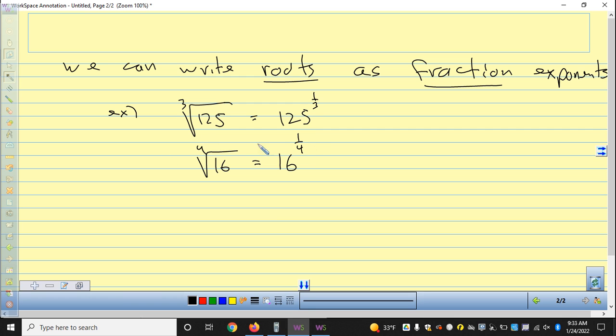The root is a fraction as an exponent. The third root of 343 we can write as 343 to the 1/3 power. And the fourth root of 256 we can write as 256 to the 1/4. Roots are fraction exponents.